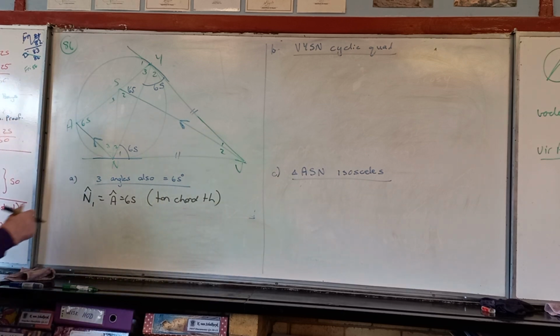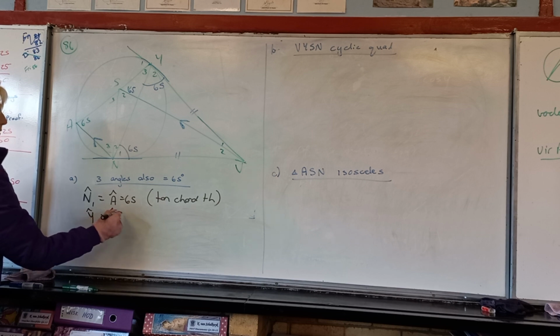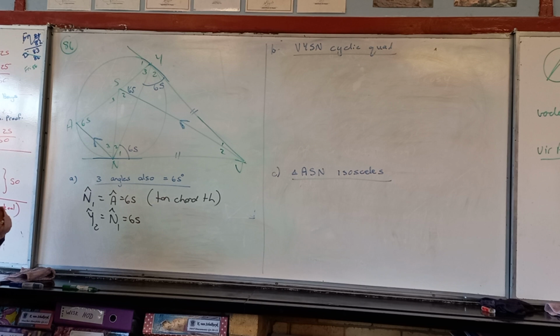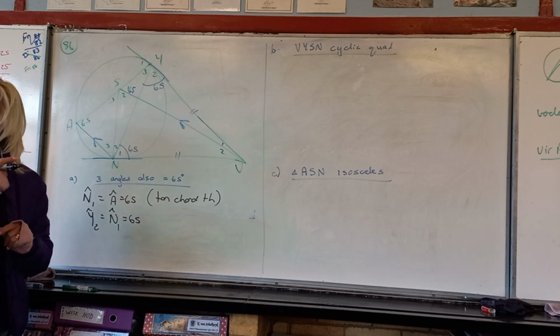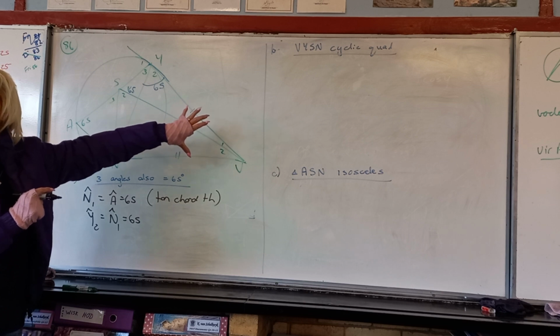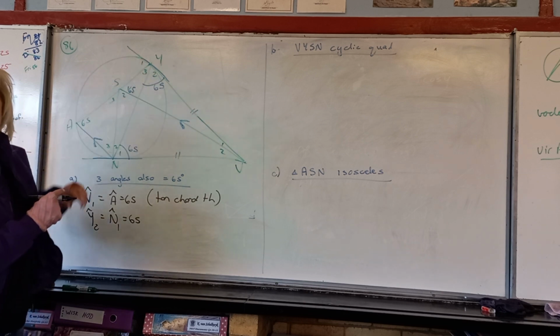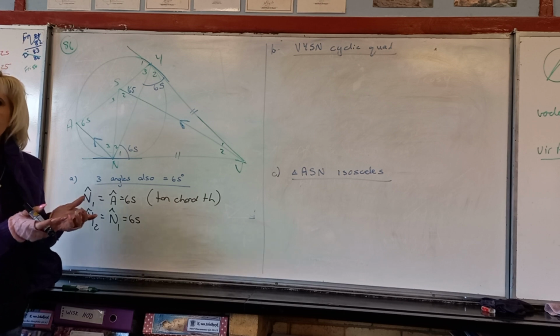Okay, and then which other one? We said Y2 is equal to N1. Why? Why is it 65? Two tangents from a point make them the same distance. But why are they both 65? Because angles opposite equal sides.